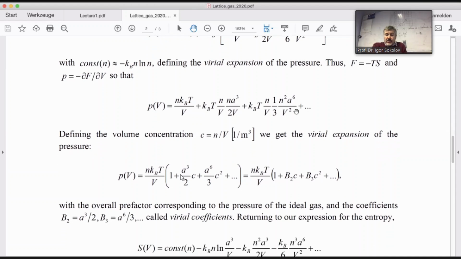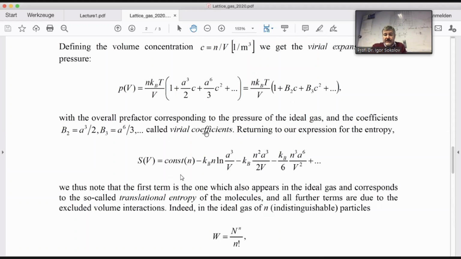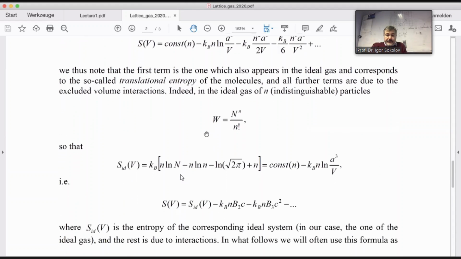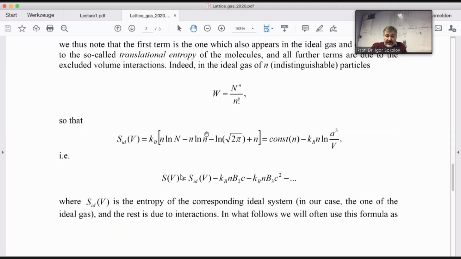So what you can do, you can introduce the concentrations, the number of molecules per unit volume, and express P of V as a function of concentration. The first term is the ideal gas, and then you have the corrections to the ideal gas. And this expansion is called the virial expansion. These are the virial coefficients. And then there is an interesting thing there.